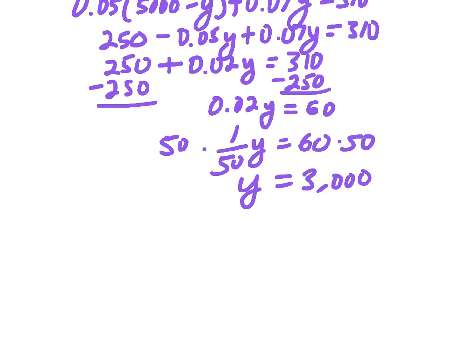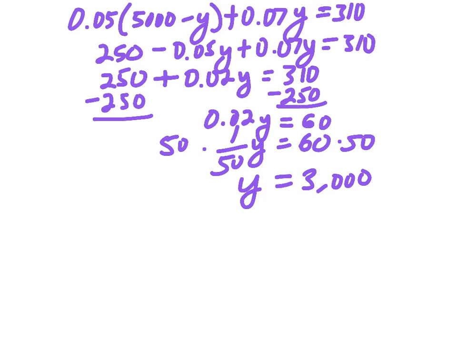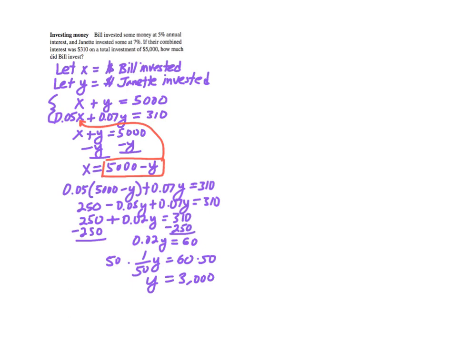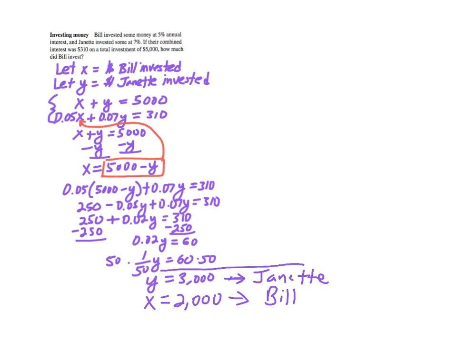So remember y was Jeanette, so Jeanette invested $3,000, and then that means that x equals 2,000, and that's Bill, so that's the amount of money that each invested.